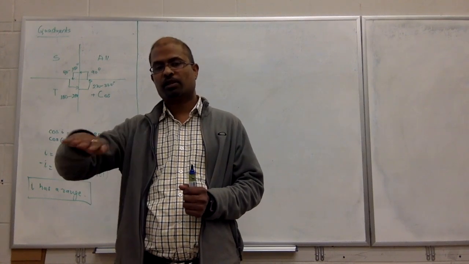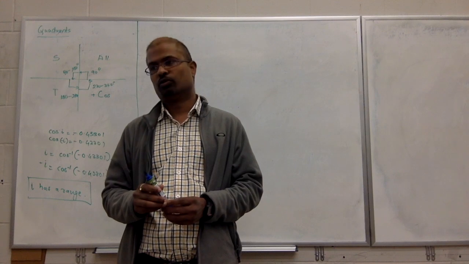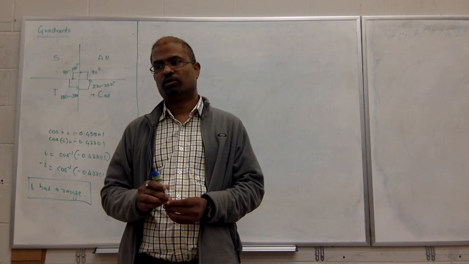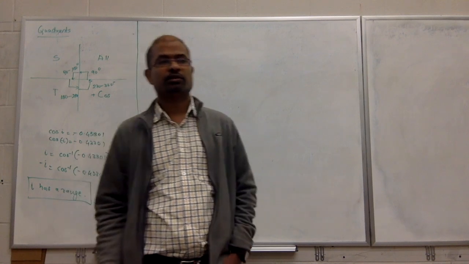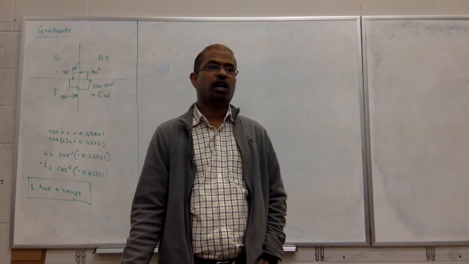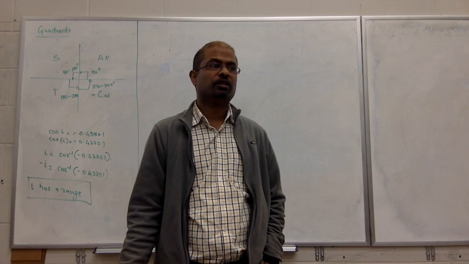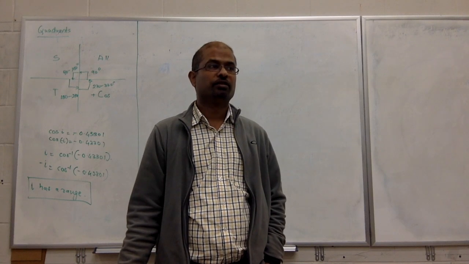If both planes are the same, then i is 0. If it's a polar orbit, what is the i angle? 90 degrees. You got it?